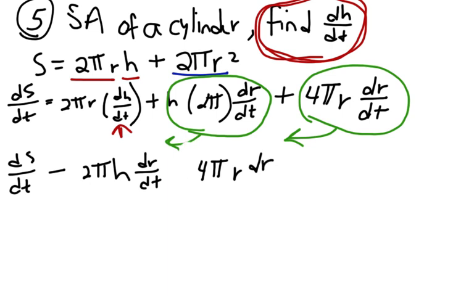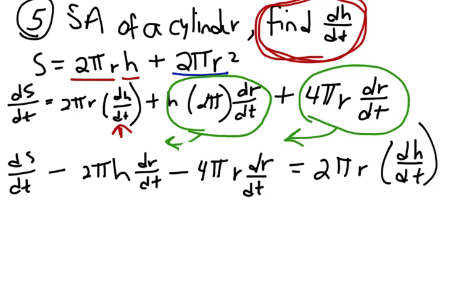That should be a minus dr dt equals 2 pi r dh dt. So now, in order to get this dh dt by itself, I could divide both sides by 2 pi r, or I could multiply by the reciprocal 1 over 2 pi r, which might be a little less complicated, but that might be a personal preference.